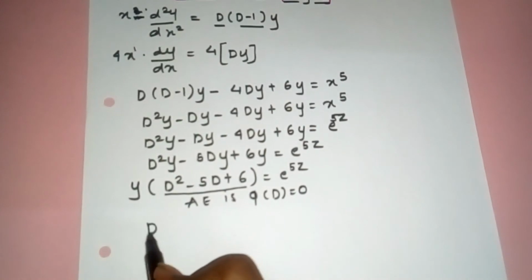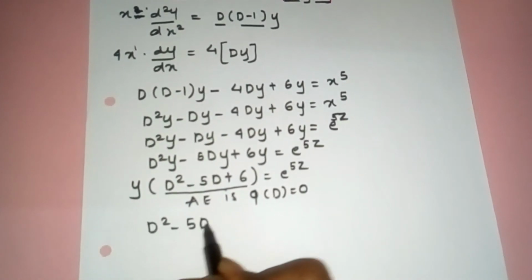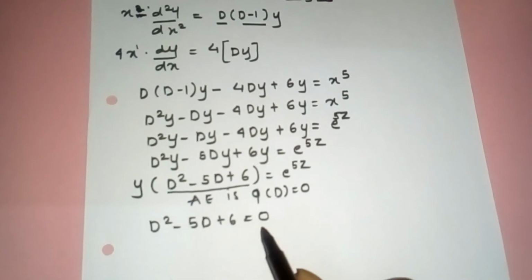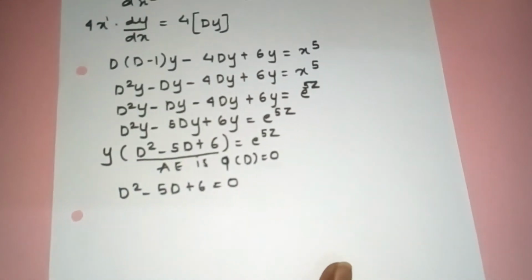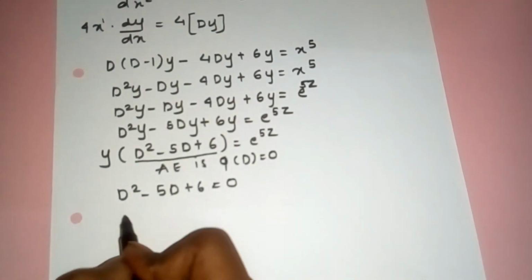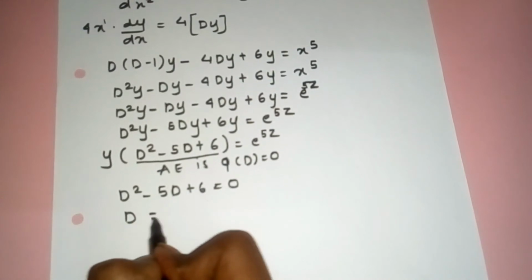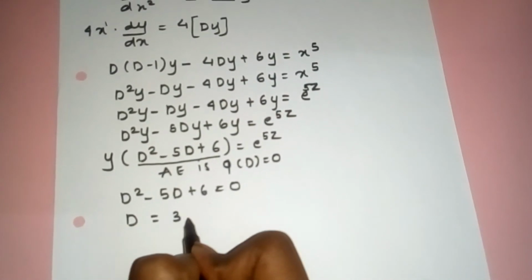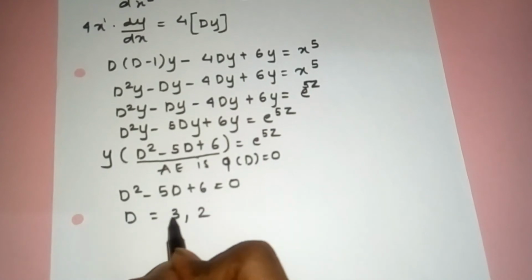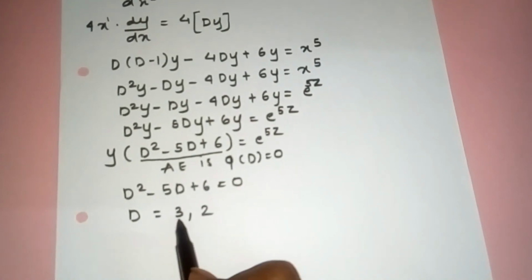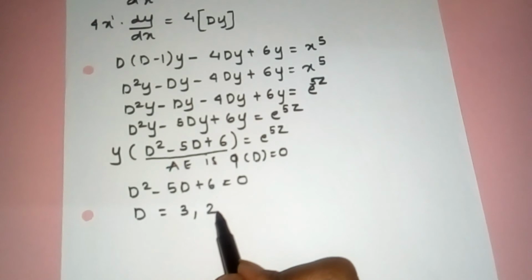So then we write d square minus 5d plus 6 is equal to 0. Now we have to take the roots. Now you can take the roots by using calculus. So the roots will be d is equal to 3, 2. There are two roots because it is a square. So 3 and 2 are the two roots.